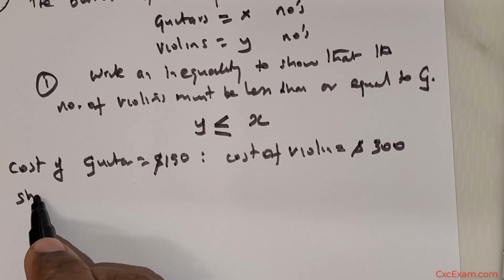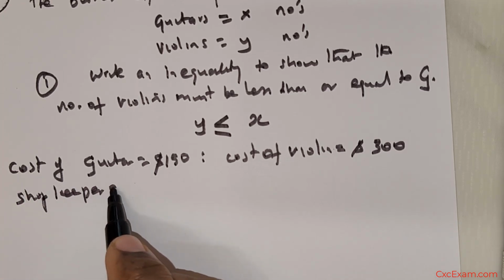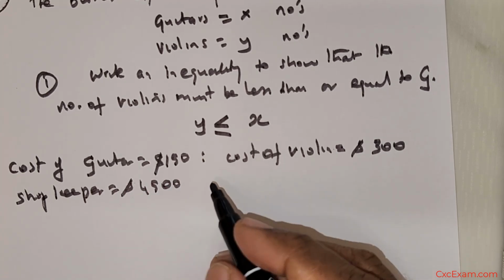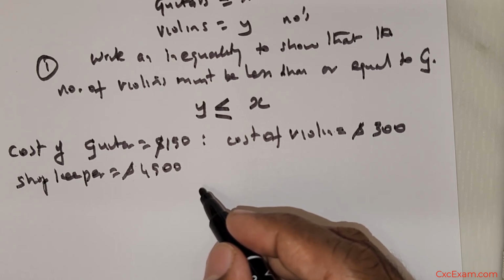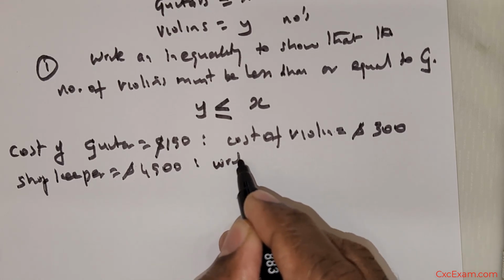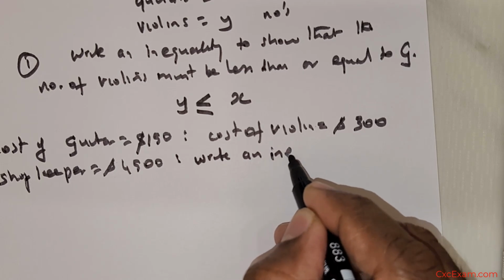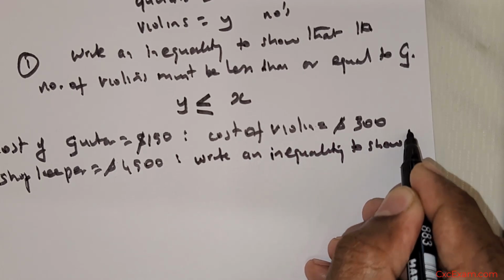Now the shopkeeper or the owner has got $450. What we have to do is write an equation or inequality to show this.